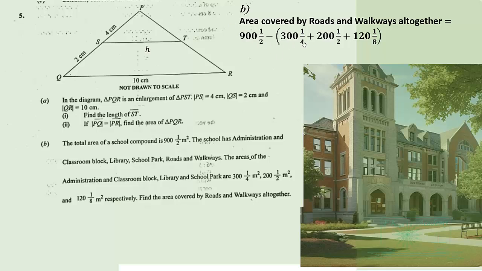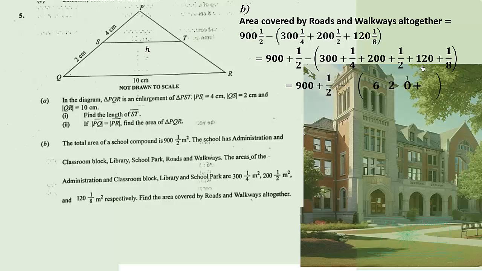So the smart way is that we are going to add the whole numbers here. So 300 plus 200 plus 120, you are going to get 620. Then you should be smart here.